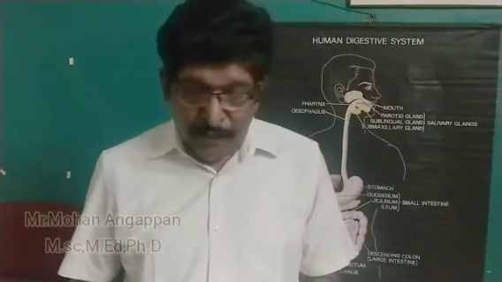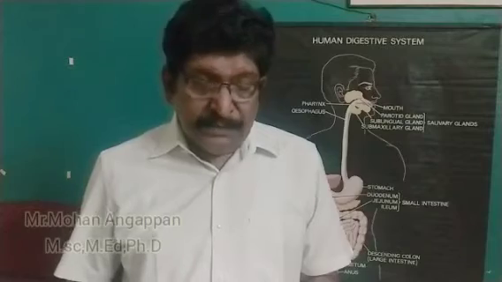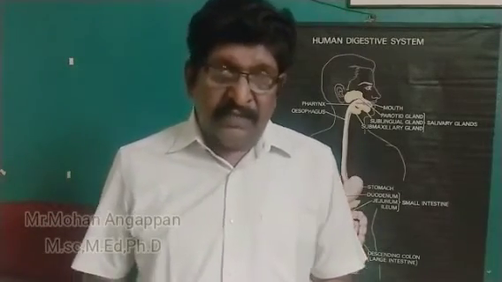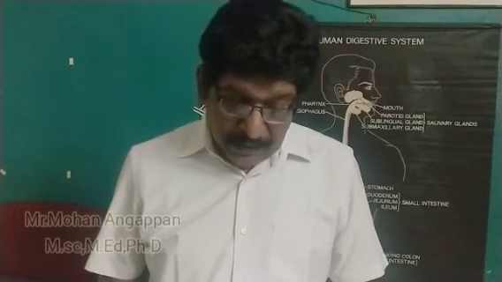So for the action of renin, calcium ions are very important. Casein is precipitated as an insoluble casein-calcium compound called curd. So the caseinogen with calcium and renin becomes casein, and finally it is converted into curd.